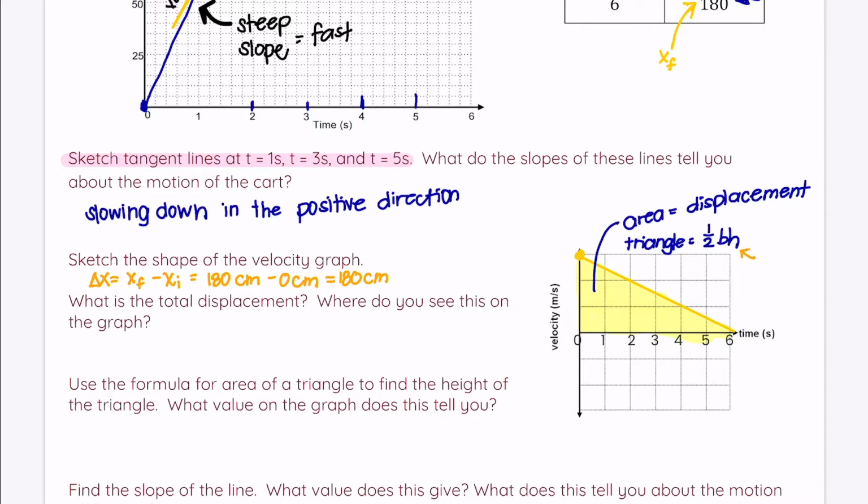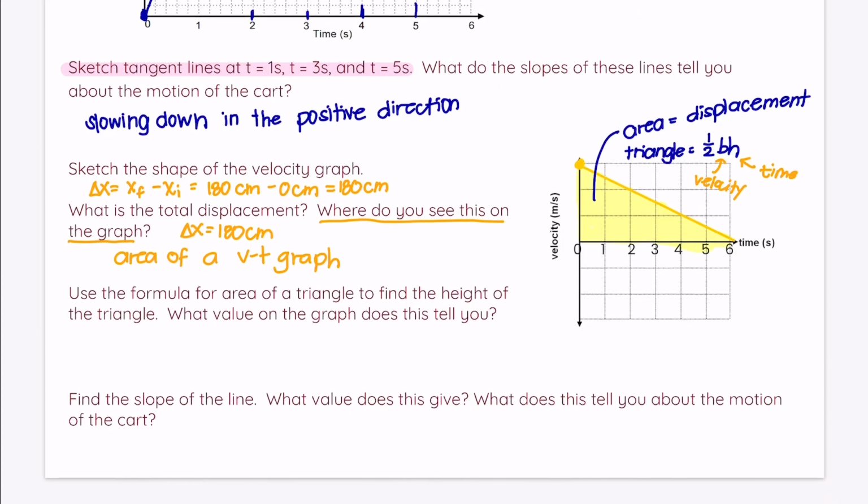And our height here is going to be time. And our base is going to be velocity. Okay, so then our area is going to be 1/2 base times height. And the total displacement is going to be 180 centimeters using the information from the position time graph.